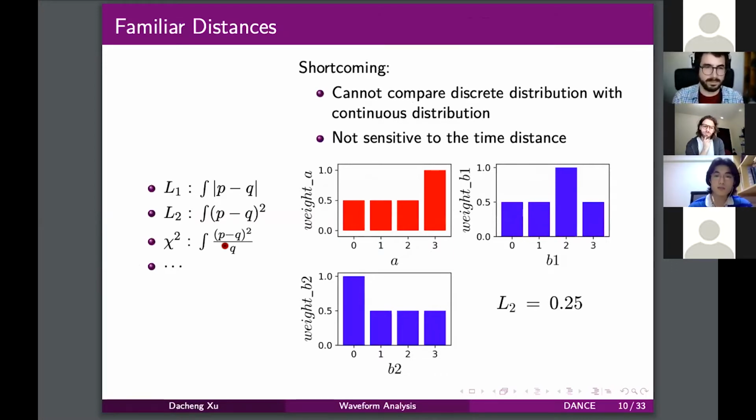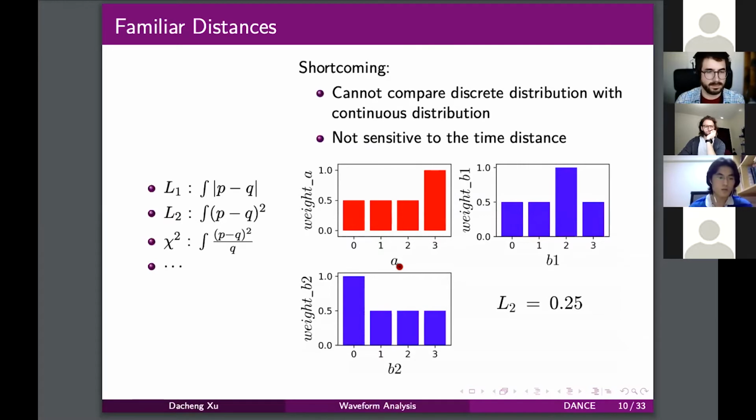They cannot compare a discrete distribution with a continuous distribution, and they are not sensitive to timing. As the graph shows here, the L2 distance between A and B1 and between A and B2 is both 0.25, but the B1 and B2 distributions look really different.